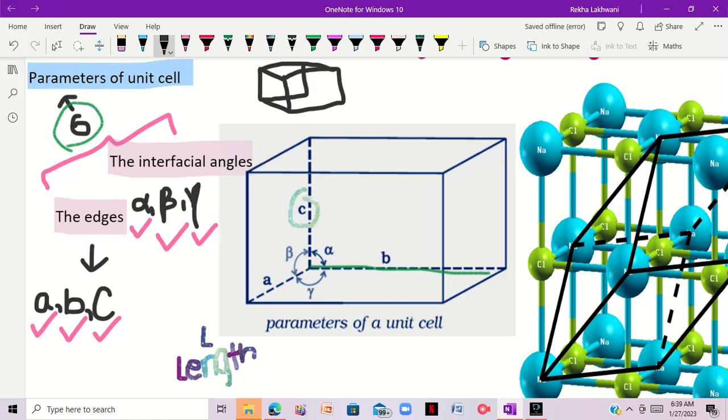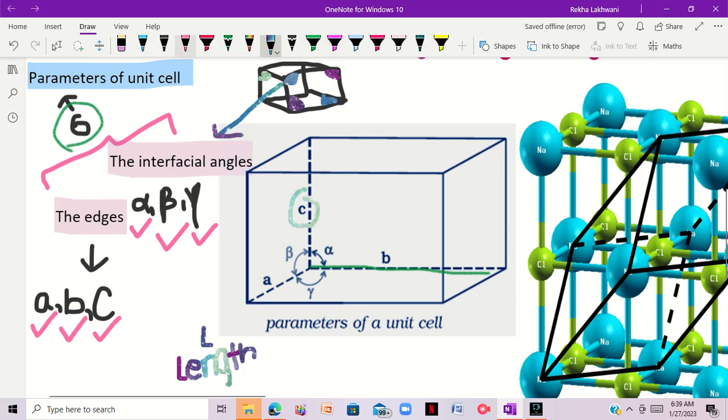I'm not going to draw it perfectly, but I will make you understand. There will be a certain angle over here, an angle over here too, and over here too. So these are known as interfacial angles.